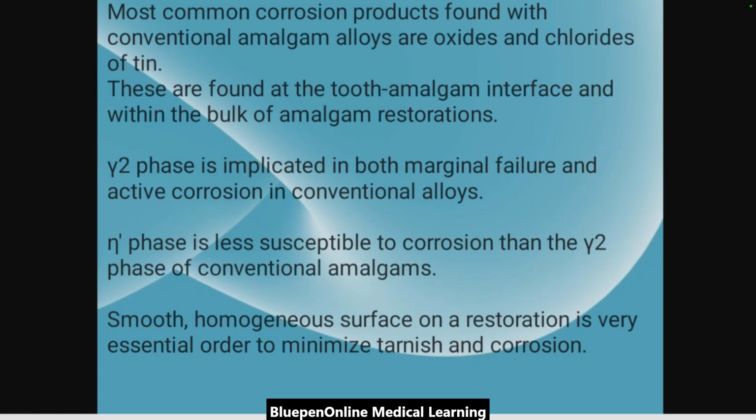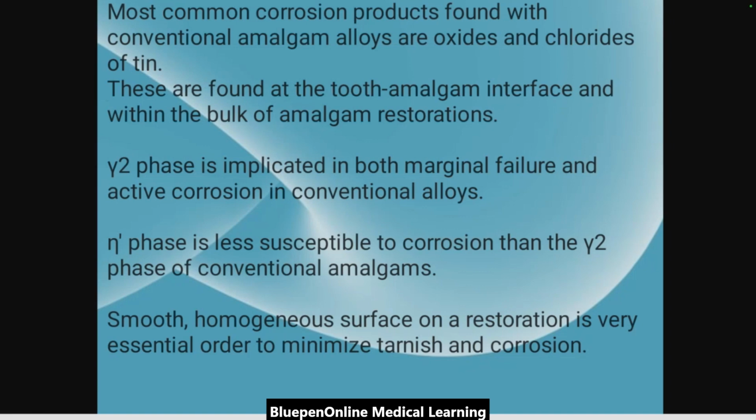Most common corrosion products found with the conventional amalgam alloys are oxides and chlorides of tin. Okay, whatever chemical reactions occur during the corrosive process, it will lead to formation of oxides and chlorides of tin. So these are found at the tooth amalgam interface and within the bulk of amalgam restoration. Gamma 2 phase is implicated in both marginal failure and active corrosion in conventional alloys.